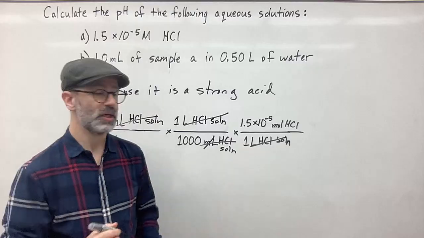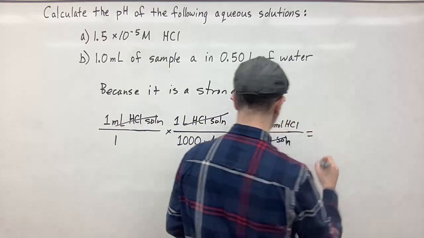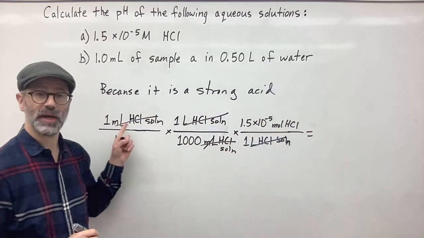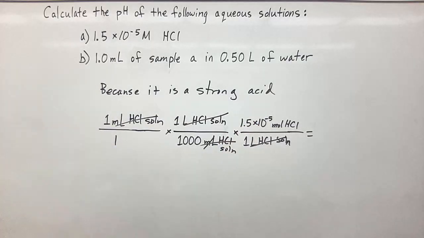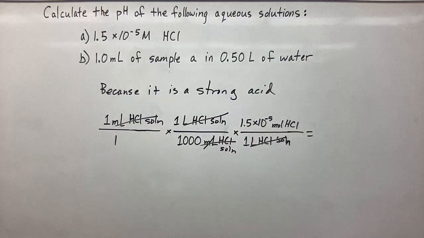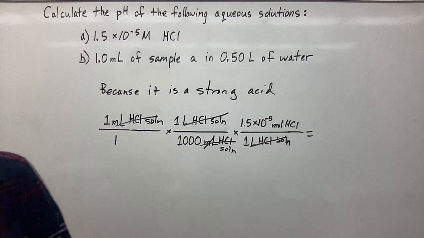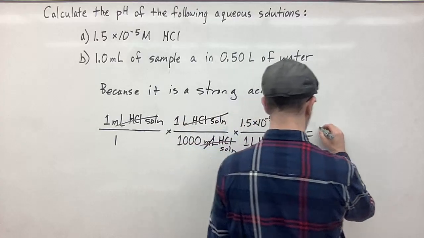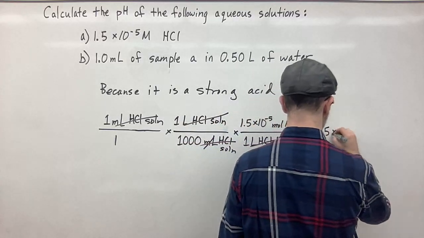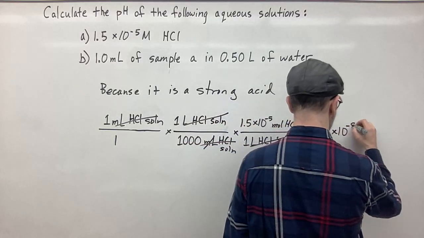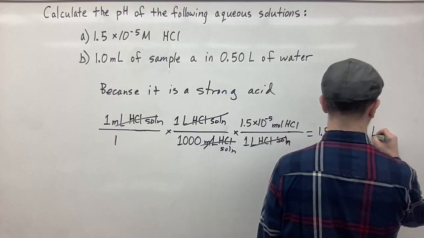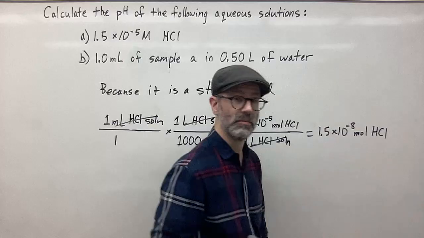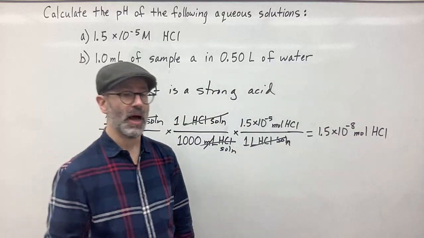Now we have moles. So all we have to do is the calculation, multiply by everything on the top, divide by everything on the bottom, and what do we get? 1.5 times 10 to the negative 8 moles of HCl.